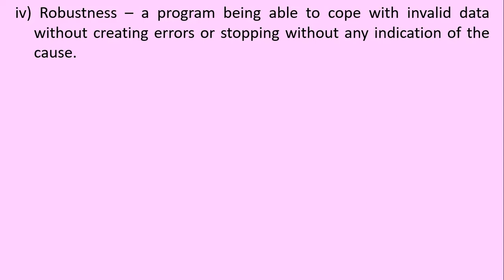So, when we talk about robustness as a quality of a program, we are simply saying that the program that has been developed should be able to cope with any invalid data that may be entered by the user without creating any errors or stopping without an indication of the cause.